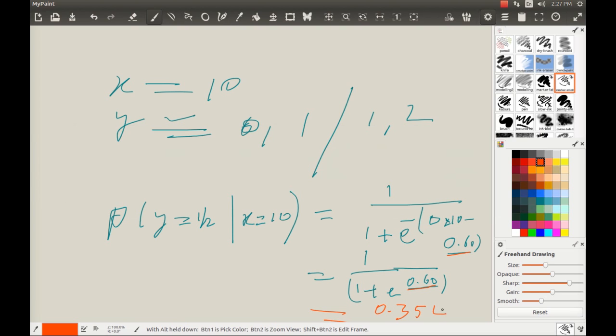So now the question is, what is the probability that a person can move from unfavorable to favorable, 1 to 2, given his expenditure is 10,000 rupees? That is going to be 35%.